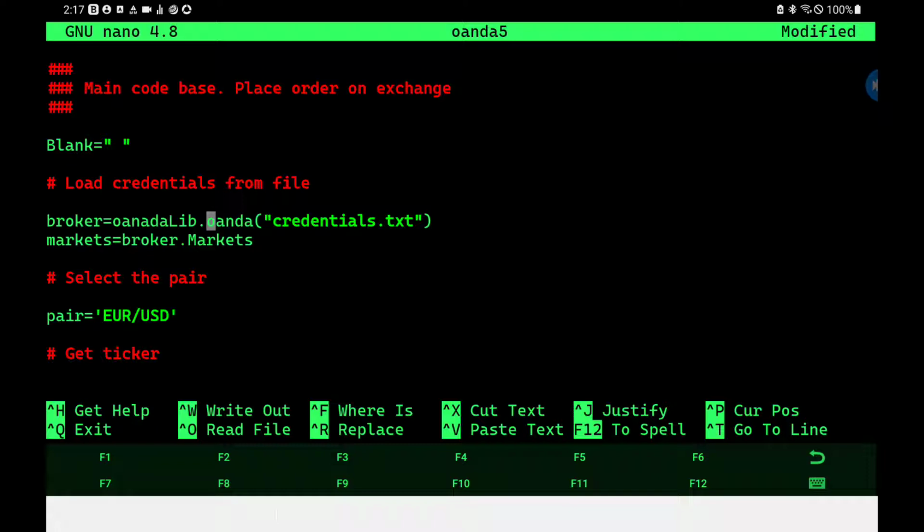But because of that import from Oanda lib with the star, the star means that we can use this class directly in line with the main program. We don't need to explicitly describe the file name. Now, you have to be careful with this because large libraries will turn into a very big mess.